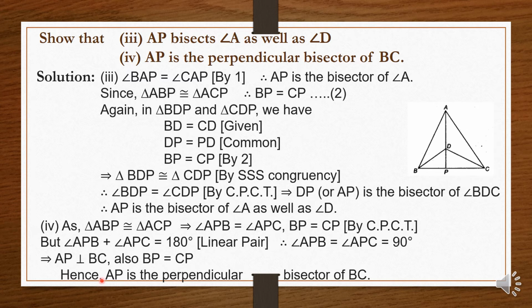Here we are getting the condition that AP is perpendicular because angles APC and BPC are 90. Therefore, AP is perpendicular to BC and also BP equals CP. Therefore, AP is the perpendicular bisector of BC.